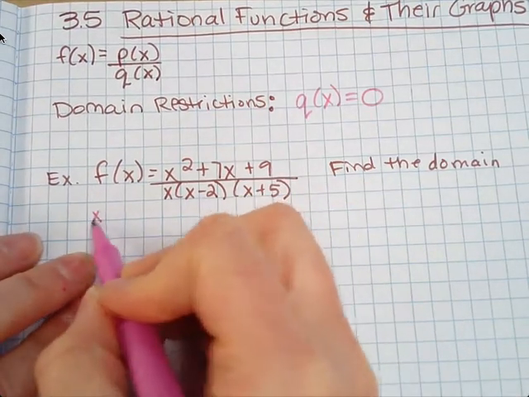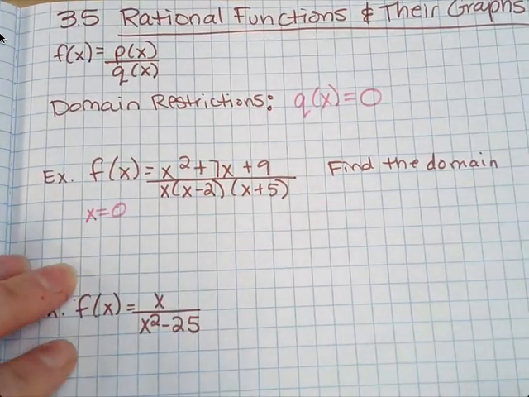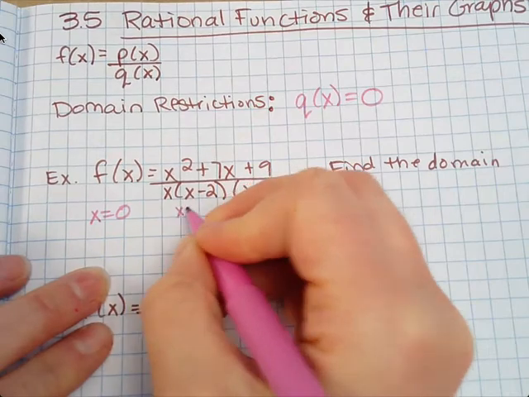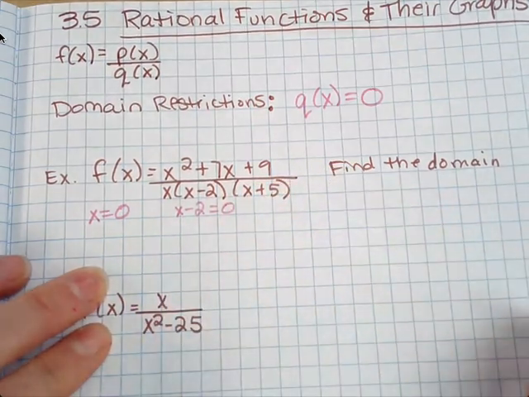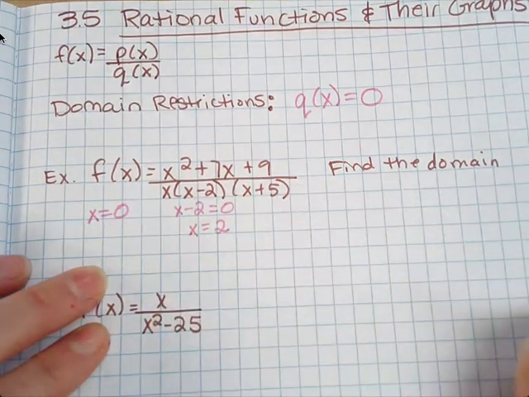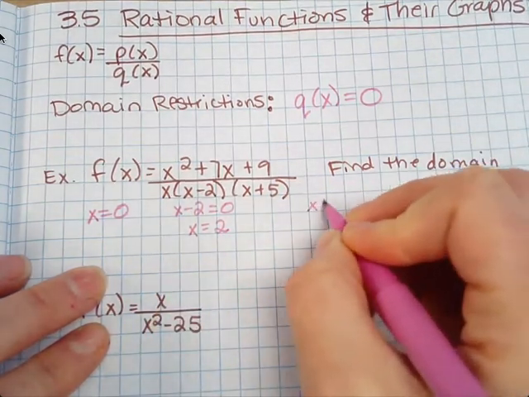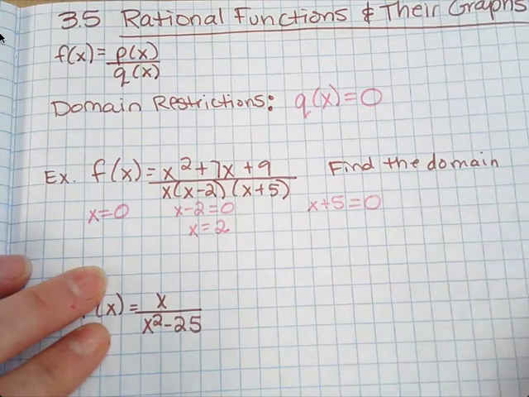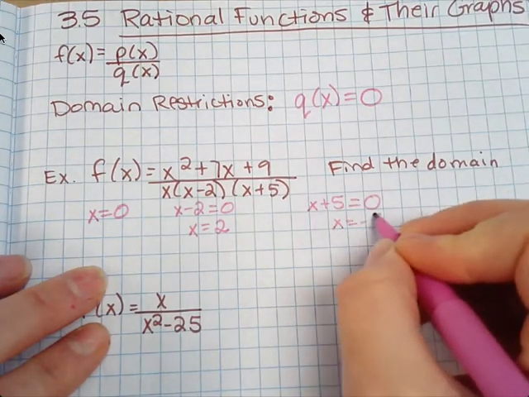So we'd say, okay, x equals 0, that's going to be removed. X minus 2 equals 0, that's going to be removed, which means x equals positive 2. And then x plus 5 equals 0 will be removed. So it's x equals negative 5.